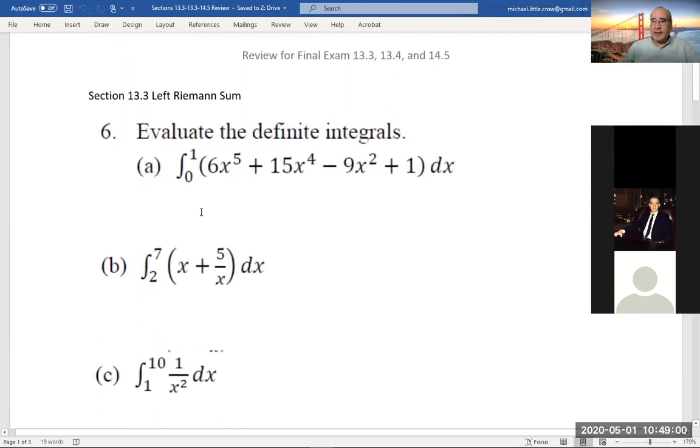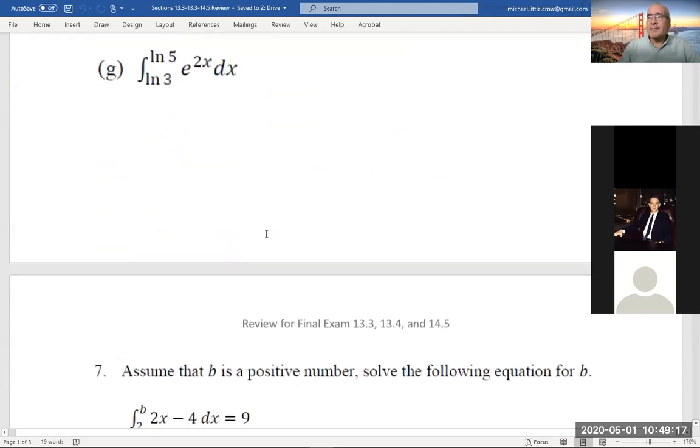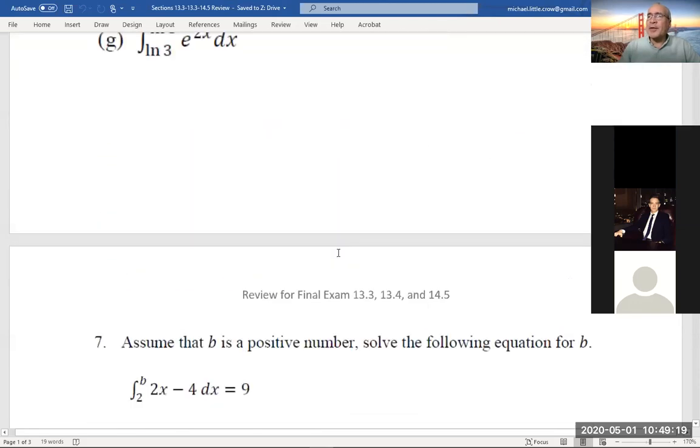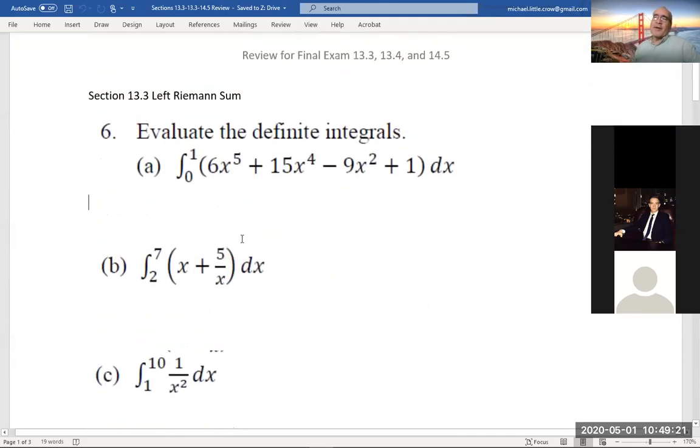Okay. For the test, is it only going to be left hand? Yes, it'll only be left hand. Okay. Because that's all we went over. What do you mean by left hand? Left hand Riemann sums. You'll see when we get down to them, or review that section. So it's just going from the left side of the function.